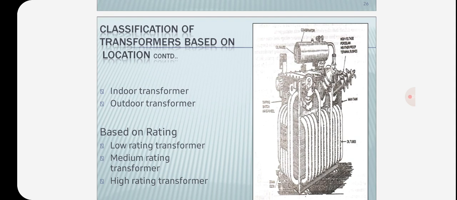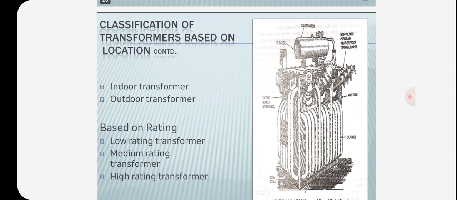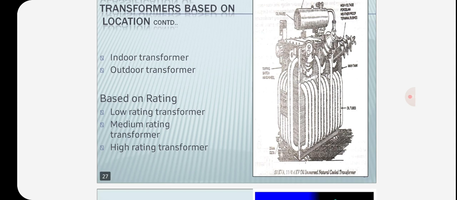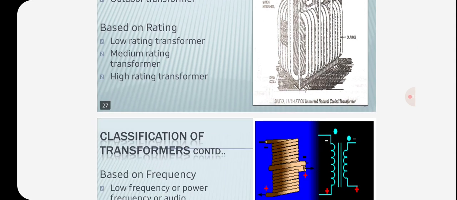Again, it will be classified based on location: indoor transformers and outdoor transformers. Next, it will be classified based on rating: low rating transformers, medium rating transformers, high rating transformers.